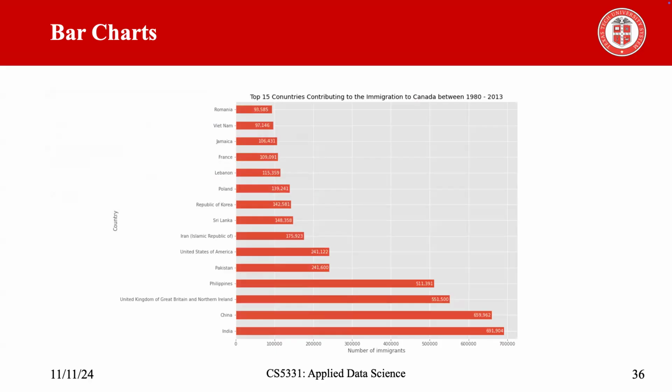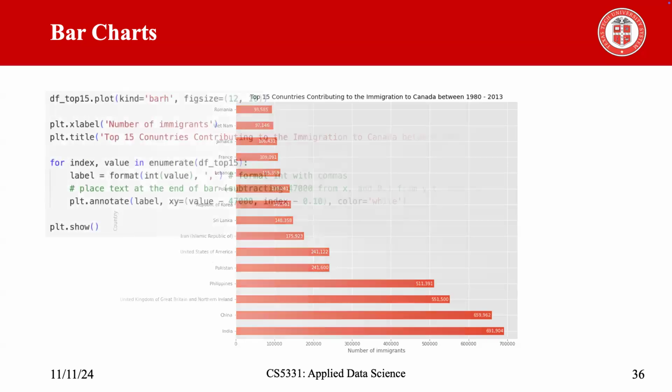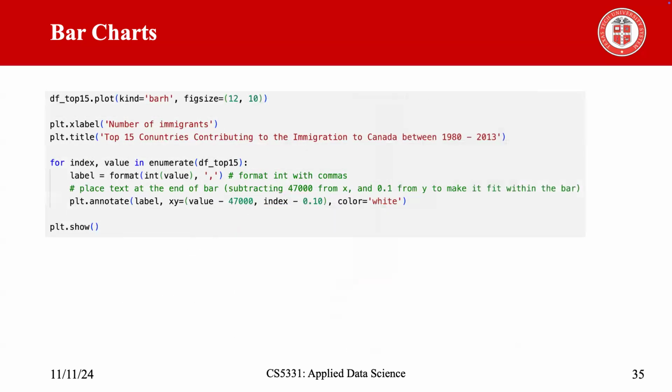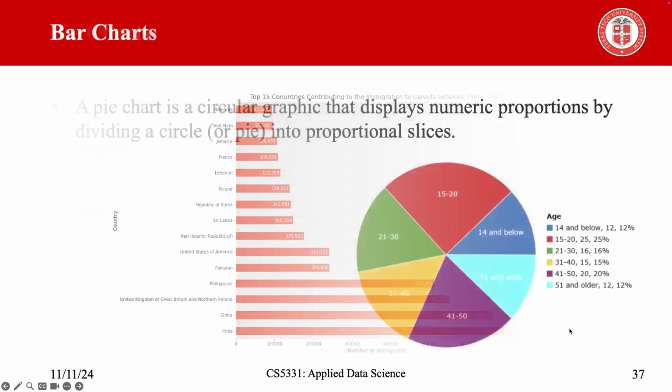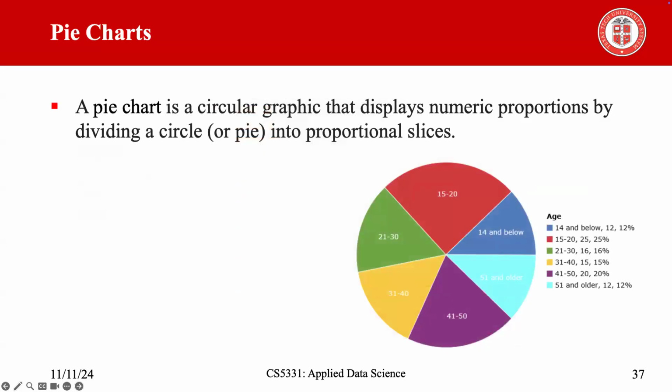This could be useful when the label is very long, like this United Kingdom label. Since the label is very long, you don't have to show the figure vertically, so you can change it to this one. This is for the bar chart.